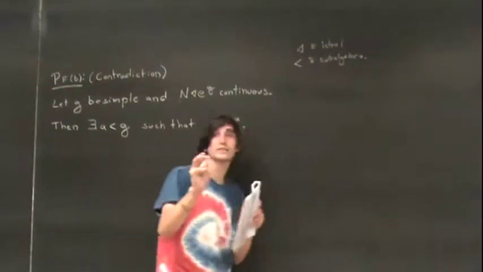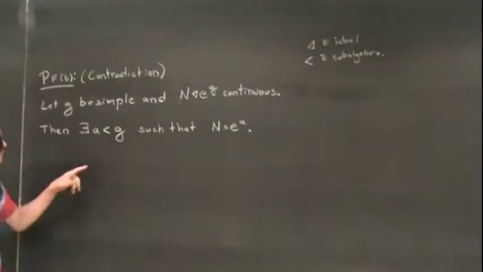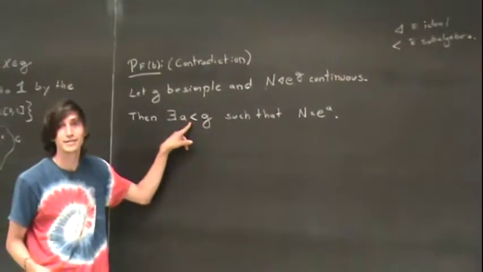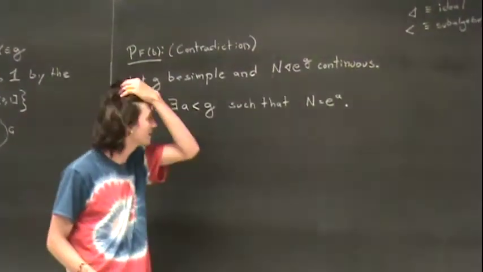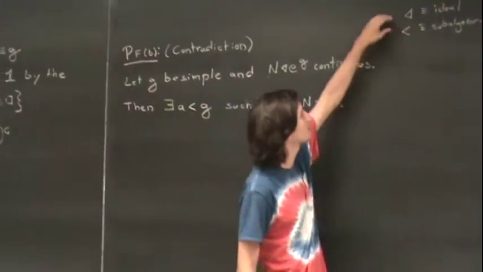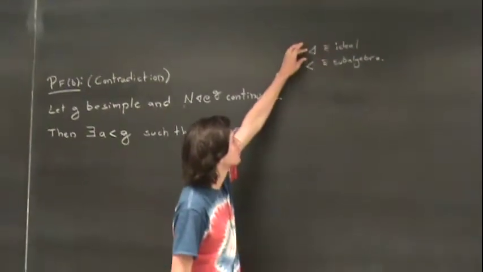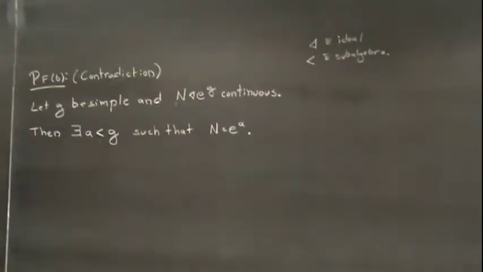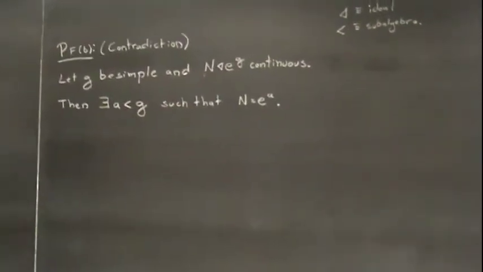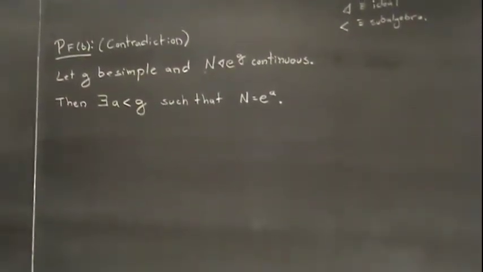That's sort of the heart of this proof, because I'm actually going to show that this should be a triangle. And that's by contradiction, because I assume G is simple. Much like with groups, I normally call this guy a normal subgroup and this guy just an ordinary subgroup.